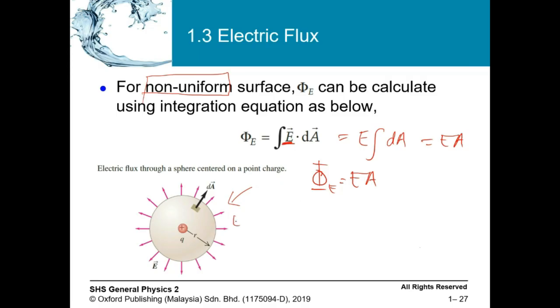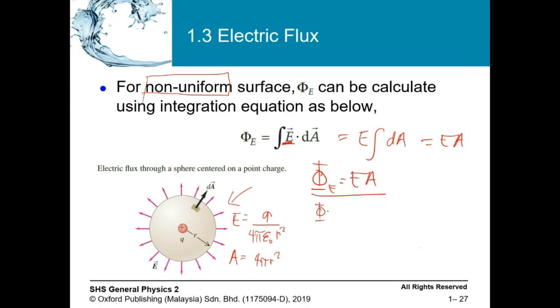It's actually E is equal to Q over 4 pi permittivity R squared. And how do you get the surface area? Surface area of a sphere is 4 pi r squared. And we're going to substitute this equation here.